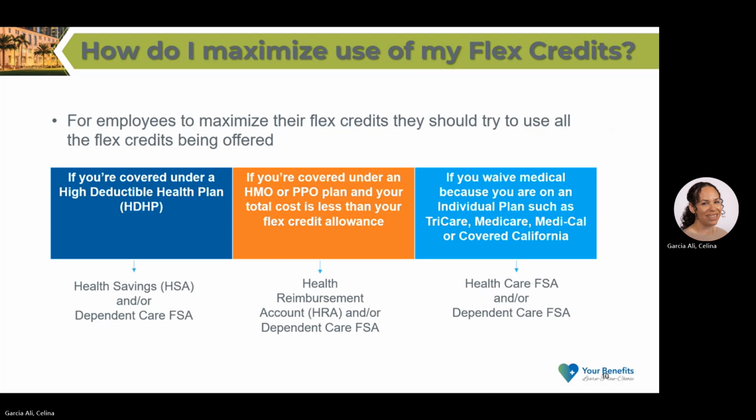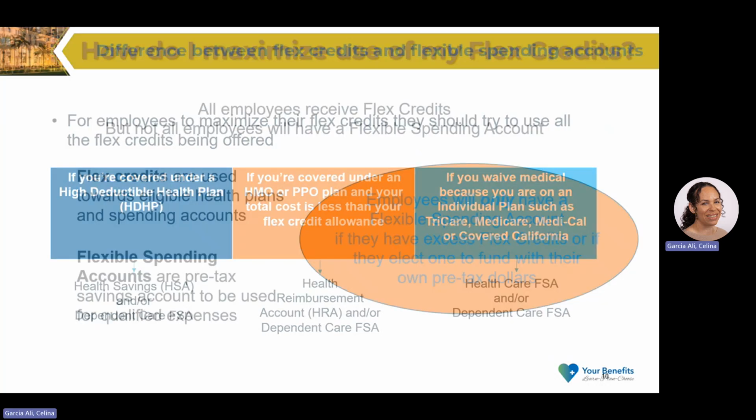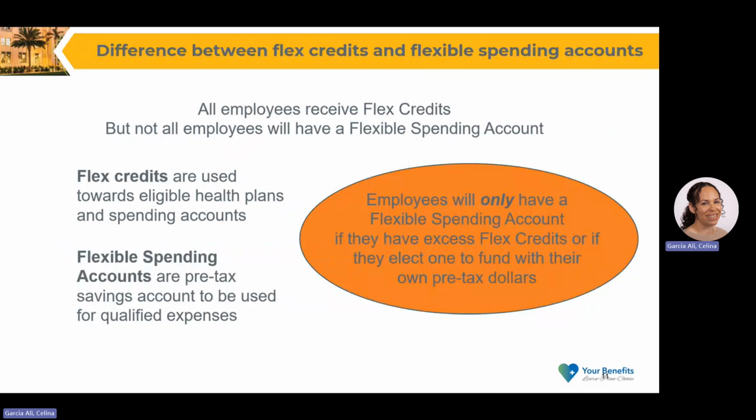What is the difference between flex credits and flexible spending accounts? So, one consideration to make is that all county employees receive flex credits, but not all employees will have a flexible spending account.